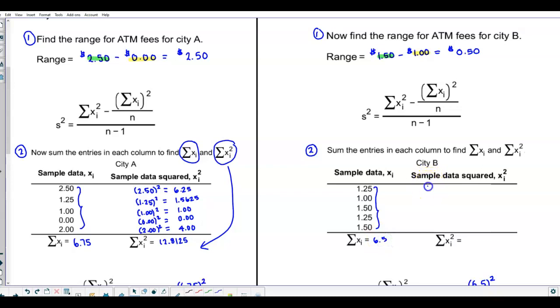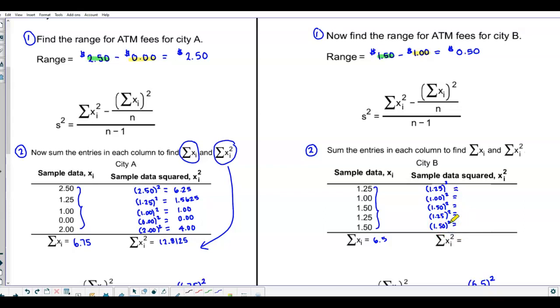Then we do the same thing. We're going to take 1.25 and then square it. We're going to take 1, square it. 1.50, square it. 1.25, square that, and then 1.50, and then square that.